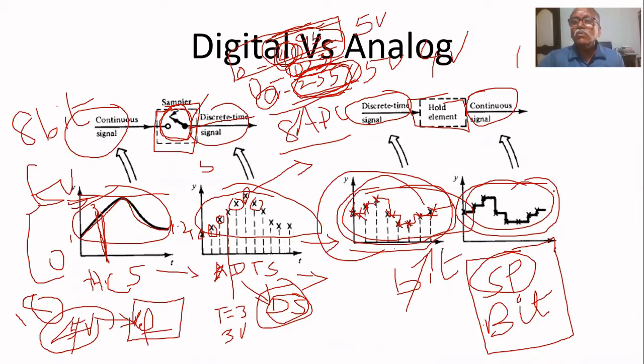You are receiving my voice. Again it is a digital signal that is converted into a discrete signal by using a DAC. Then by using a hold element, it is converted into a continuous signal. So for that, the sampling period as well as the number of bits used plays a very important role, that we will see later.